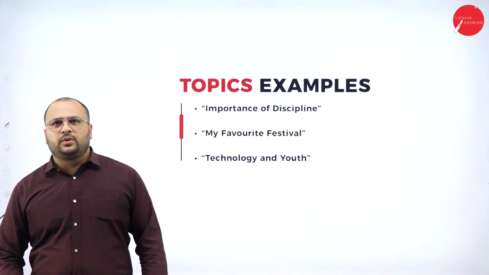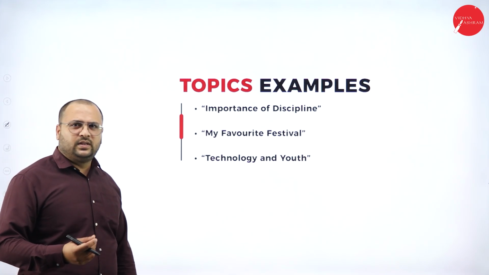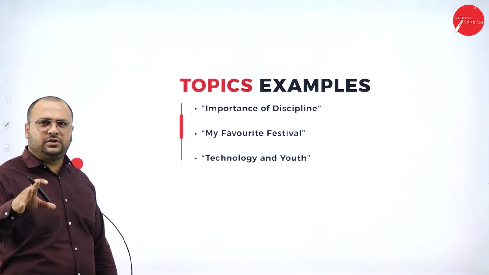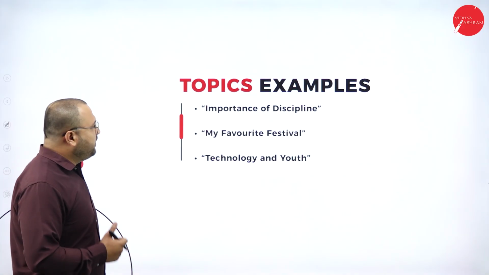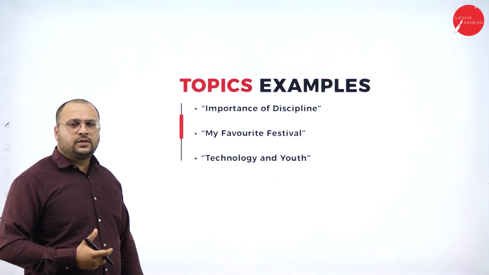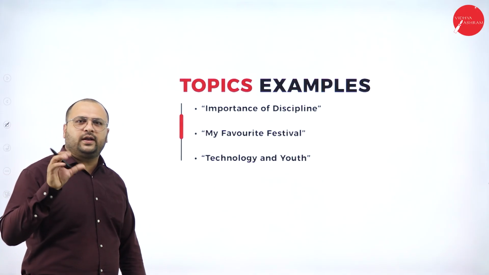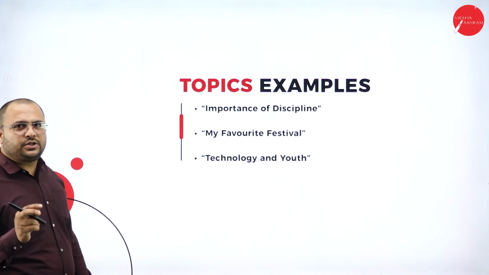Now, what topics would you get in this academic year? The topics are very simple. These are topics which you already know. For example, importance of discipline, my favorite festival, technology and youth. These are topics you are already familiar with, given to you to write a short essay on.